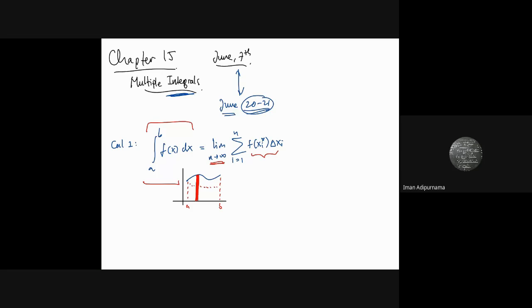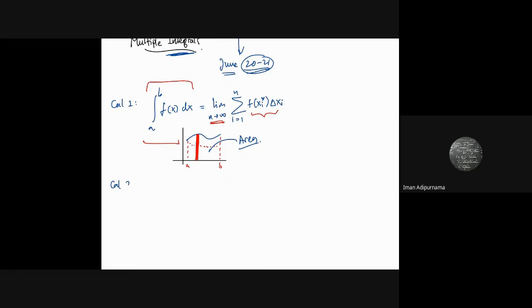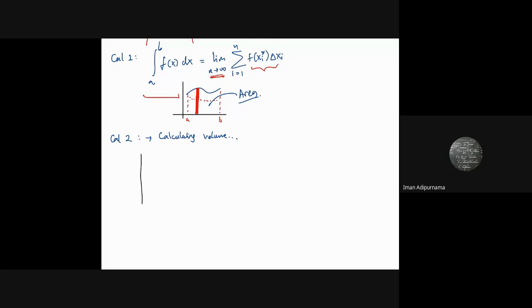Okay, so in calculus 1, this is all about area, right? Area under the curve. Now in calculus 2, we are calculating the volume. Instead of area, we're calculating volume. Let me just give you a brief intro.